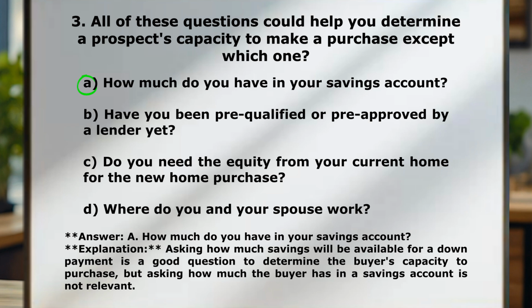And so when people are qualifying for a loan, we're typically looking for their monthly gross income and their monthly expenses. So yes, it is important to know how much people have available to use for down payment and closing costs, but that doesn't necessarily indicate if they can qualify for a loan. Now, obviously, if somebody has $1 million in their savings account and they're buying a $500,000 home, this could be relevant.